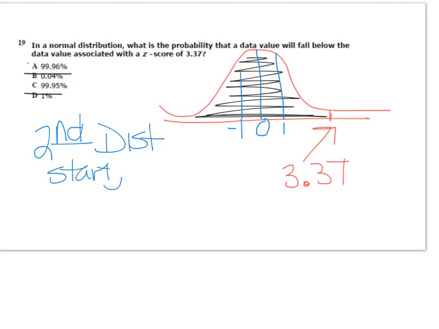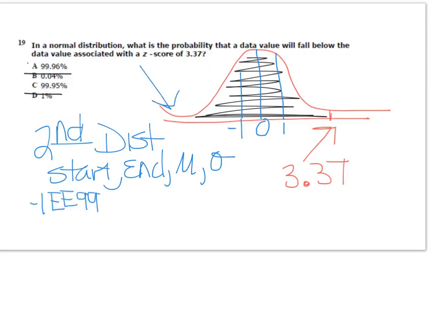Start, end, and then the mean, and then the standard deviation. So we're starting from way over here, from the far left, so that's going to be -1 EE 99 on the calculator, which is like your scientific notation to the 99th power.